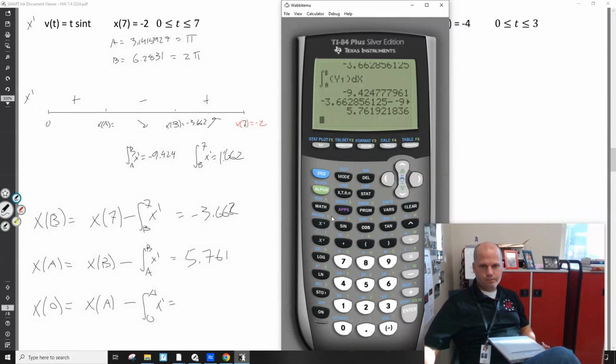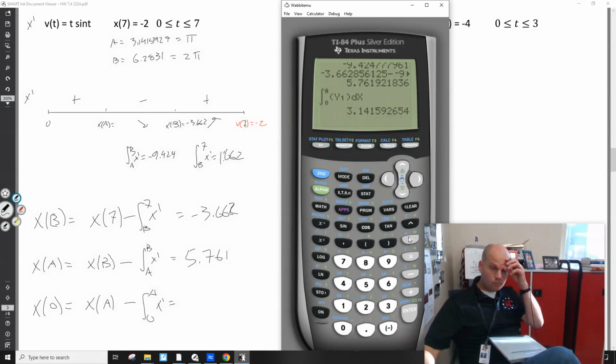Okay, let's go 0 to A. It's just pi. That's cool. Yeah, the area under one hump of sine ends up being like 2.